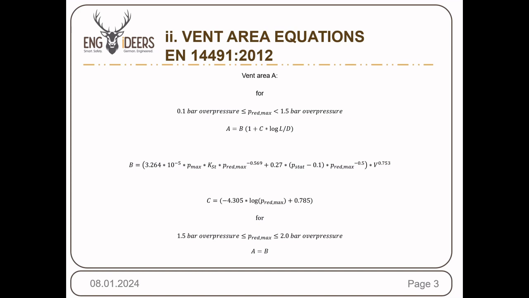That means that there's been a lot of testing in the last decades to derive these equations for calculation of the explosion vent areas. We're going to use these equations, which mainly use all the values I just showed you, the Pmax, KST, the strength, the P-red max, reduced explosion overpressure, and so on, and the volume of the vessel and so on, which we're going to calculate later on as well.